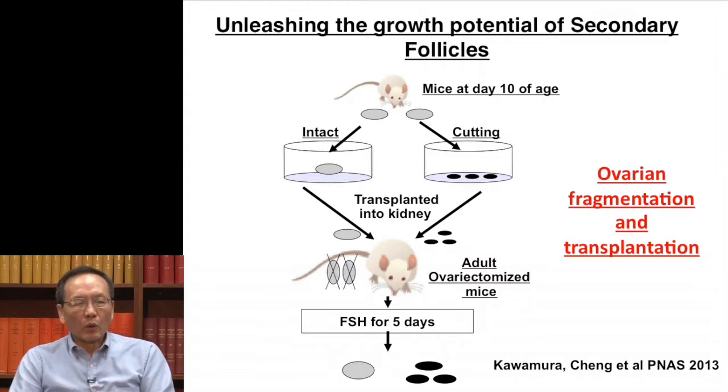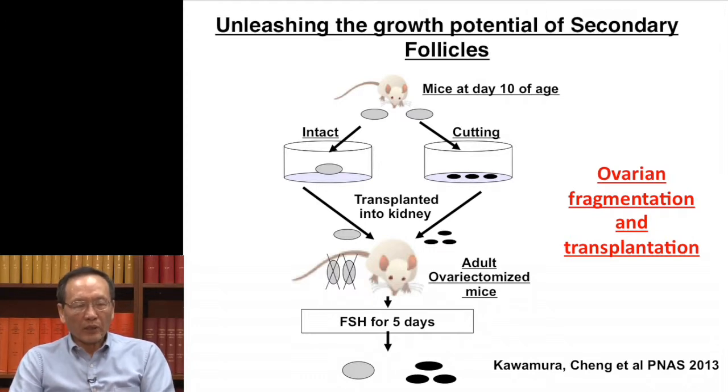So one side is cut, the right-hand side, and the other side is not, it remains intact, and then we transplanted these into the host animal. And because it's a secondary follicle already in the day 10 ovary, we only allowed 5 days, which should allow it to grow to a preovulatory follicle. And most importantly, this whole procedure has no IVA drug use. So we are not using any chemical, just the cutting.